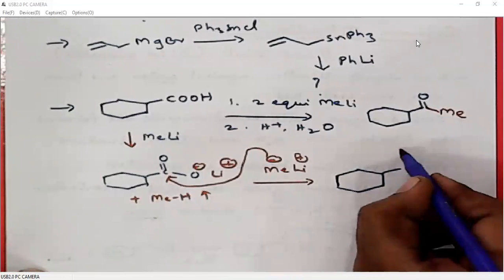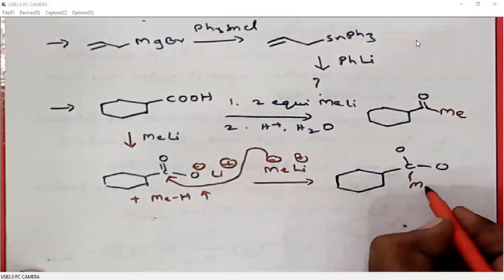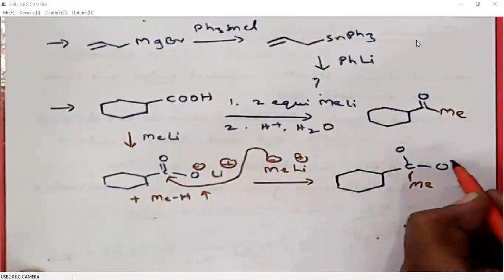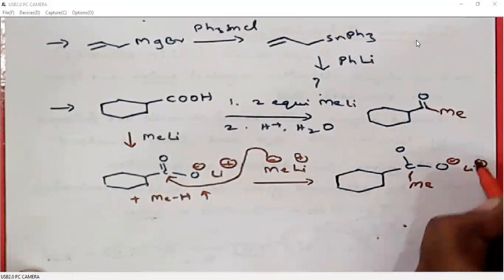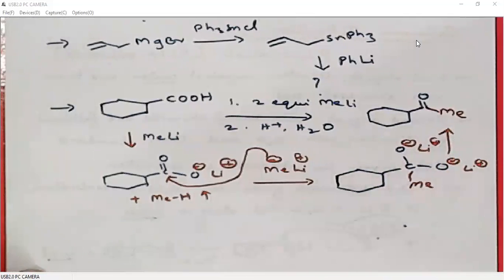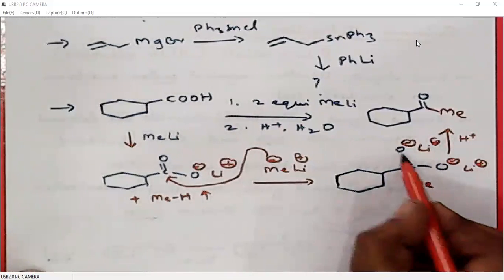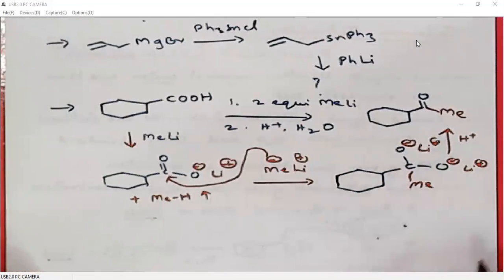So here what we are getting is methyl addition and two such alkoxides. Then when we add water, it becomes OH, and they will undergo dehydration to generate this carbonyl carbon.